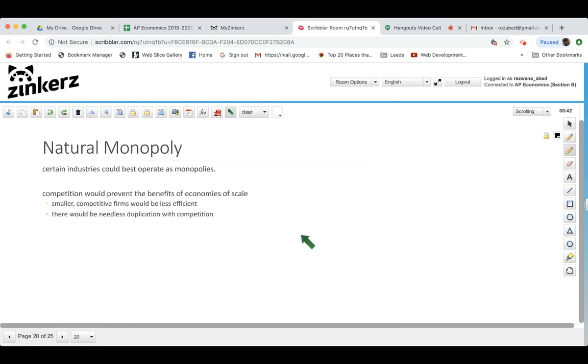Okay. So then we're going to take a look at the case of natural monopoly a little bit. We discussed this when we talked about why there are barriers to entry in a monopoly market, and why it makes more sense for one farm to meet the demand for maybe an entire city than if there were more competing farms.